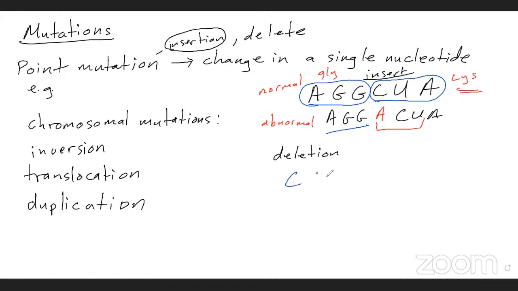Let's take a random example, CGAACCA. So this is the normal one. All we need to do is delete something now. Normal, abnormal. Let me replace.